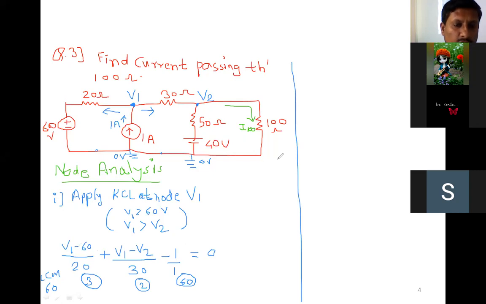So 3 into V1 minus 60, plus 2 into V1 minus V2.